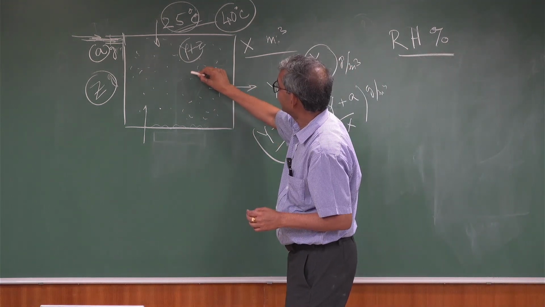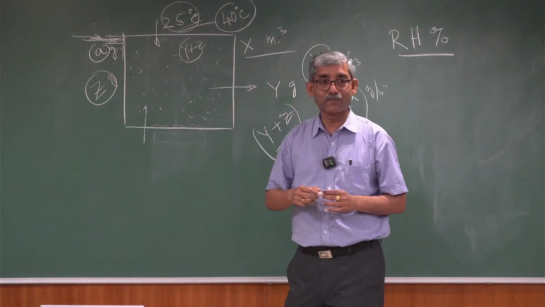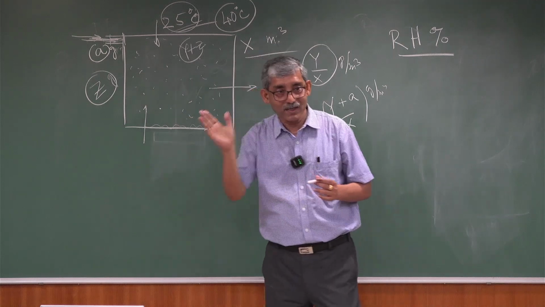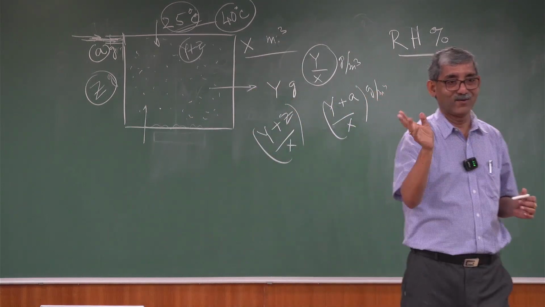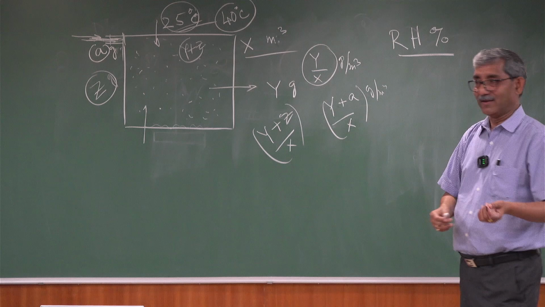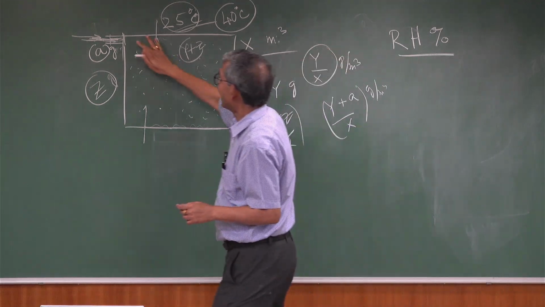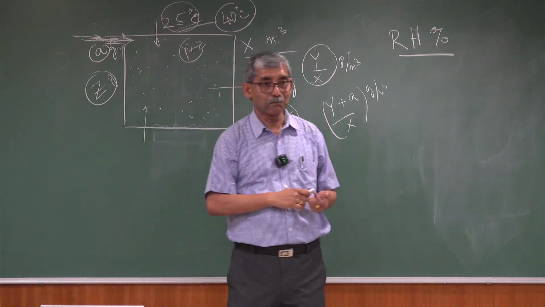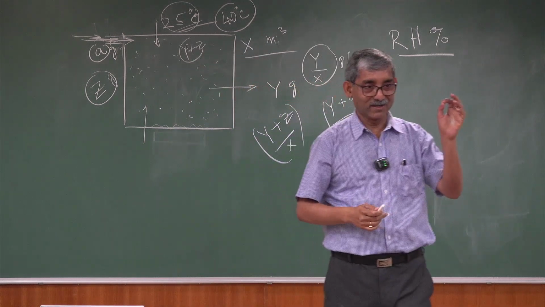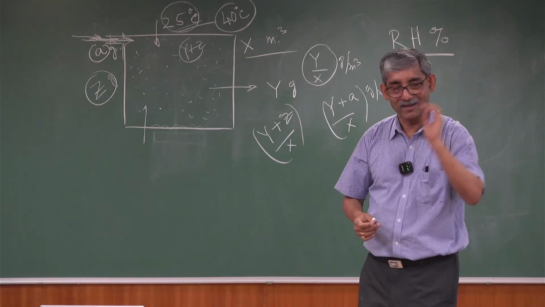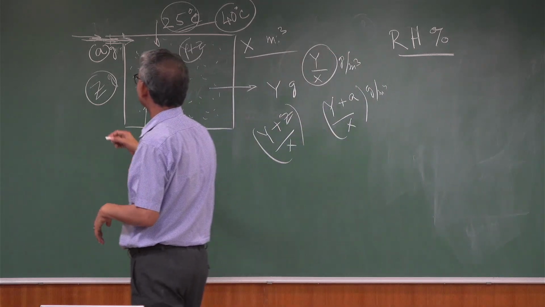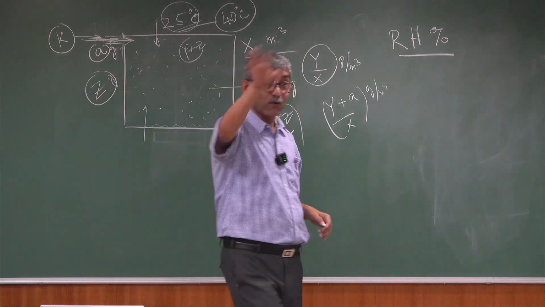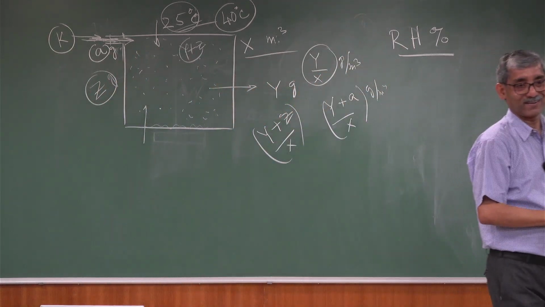Then these vapor particles will have some energy, will try to move. Then what will happen? You can pump in some additional A also, say K gram, before it gets saturated again.